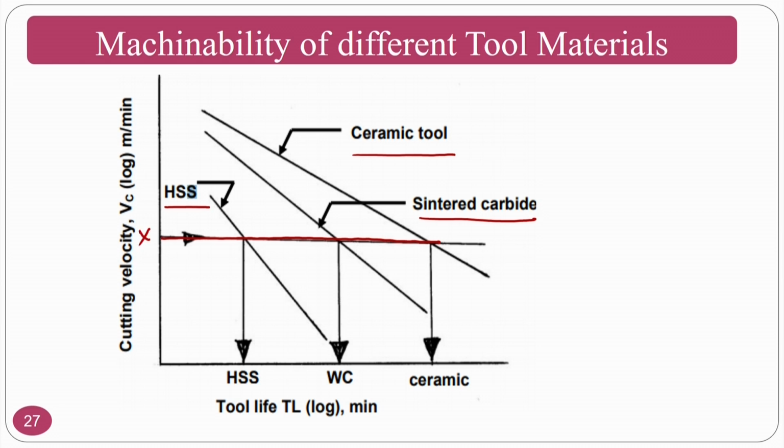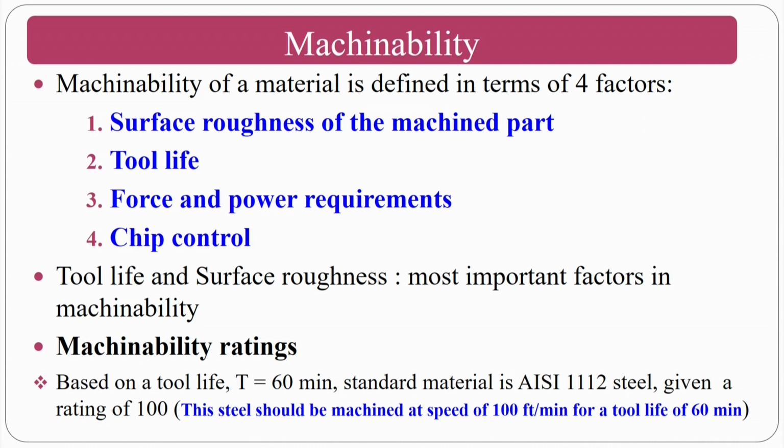Assume that this X is the cutting velocity that I want. So HSS has its own tool life, and ceramic material and sintered carbides. So you can draw here and identify what the tool life is. So this will tell the machinability of my particular tools. Okay, so this is about the machinability.